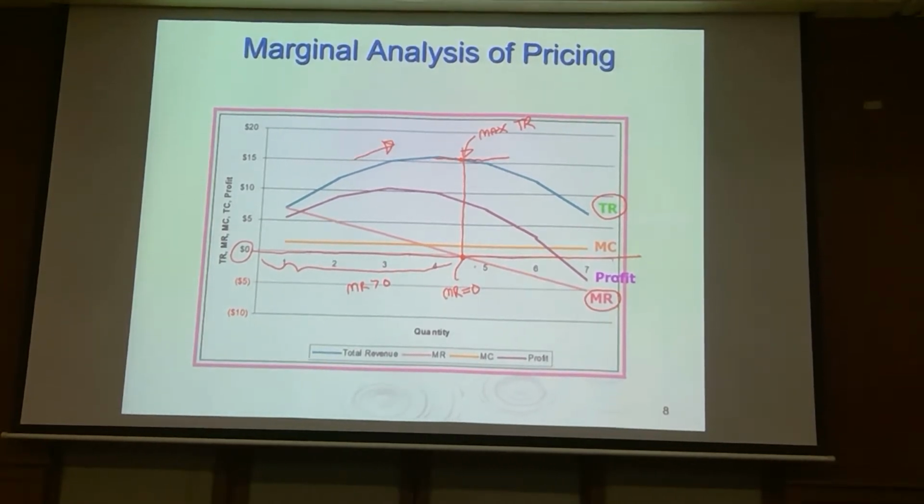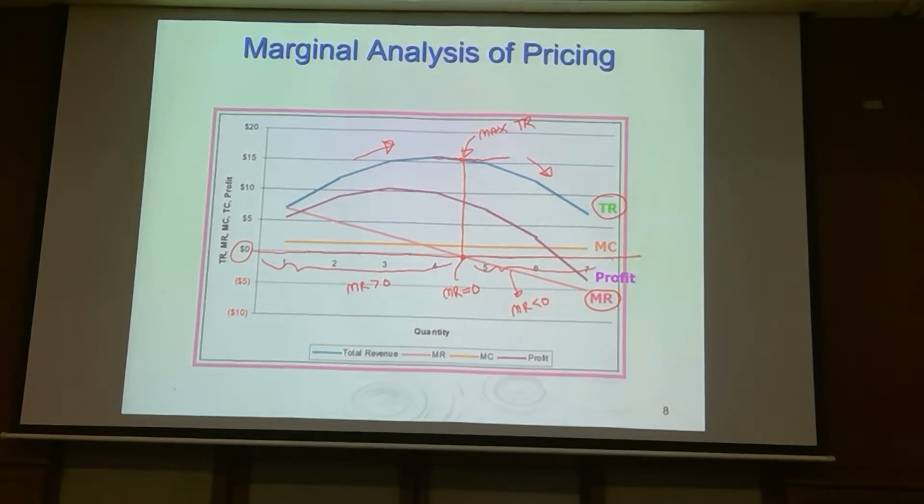On the other hand, if we move to the right-hand side, marginal revenue is below the zero line, which implies that marginal revenue is less than zero. So your revenue falls as a result. That is the relationship between the marginal revenue and the total revenue.